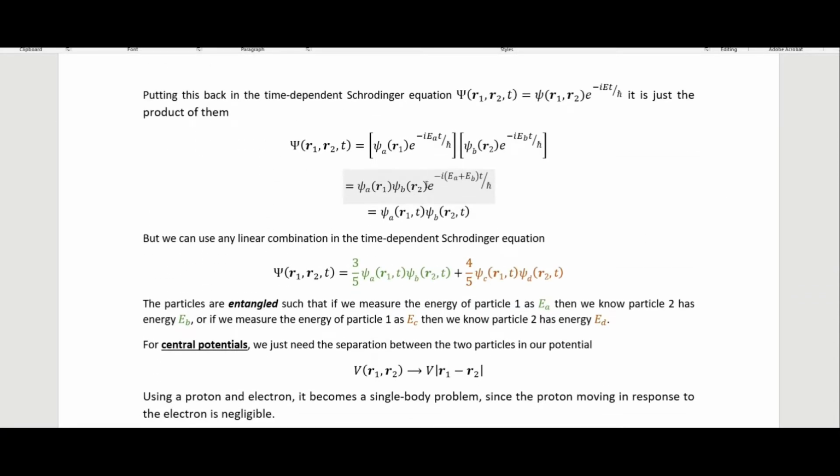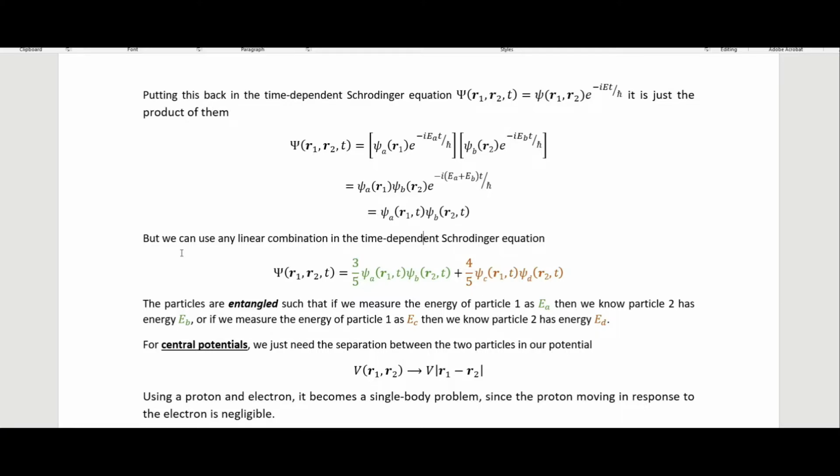We did that separation of variables, so we can do the product: the product of the time-dependent wave function for the first particle and the second particle. So we end up putting those together. We have the time-independent part here and the time-dependent part there, and then we can put that back together, absorbing the time-dependent part back into it.